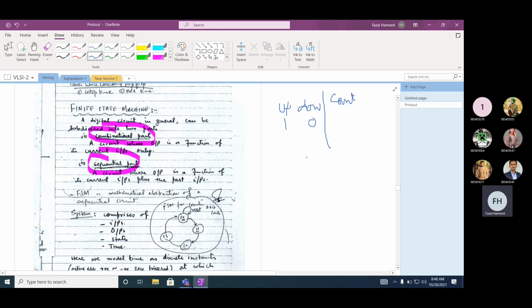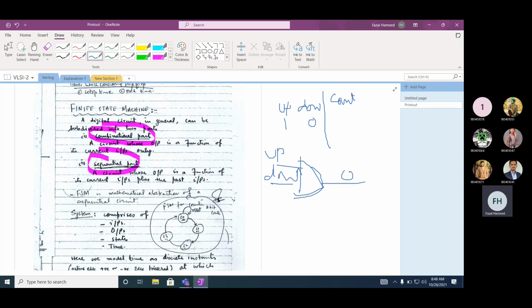Now let's assume we have an AND gate with inputs up and down. What will be the output? For 1 0, the output will always be 0. But for a sequential circuit, the output not only depends on the inputs, up and down, but also on the states.